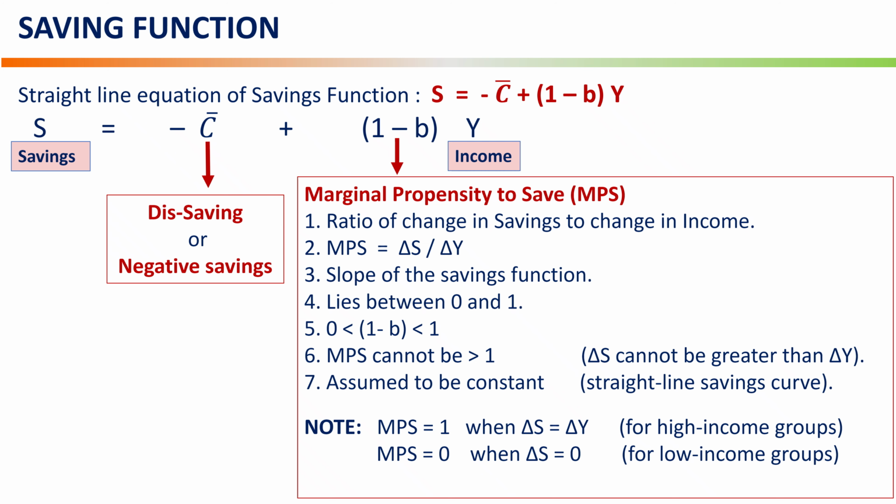In fact, entire additional income can go into additional consumption and nothing is left to save. Generally speaking, MPS will be less than 1 because change in savings will be less than change in income.